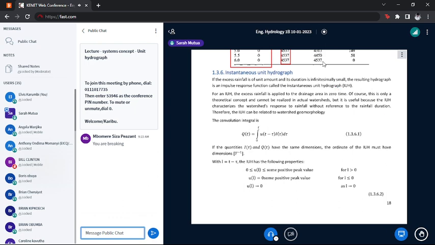Essentially, then, what we are talking about is the excess rainfall is applied, in this case, to the drainage area in a zero time, approximately zero time duration. Of course, this is only theoretical.